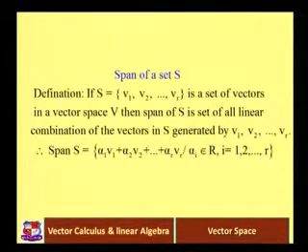The span of S can be represented as alpha1 v1 plus alpha2 v2 up to alpha r vr, where each alpha i belongs to R for i equal to 1, 2 up to r. So this is the definition of span of a set.